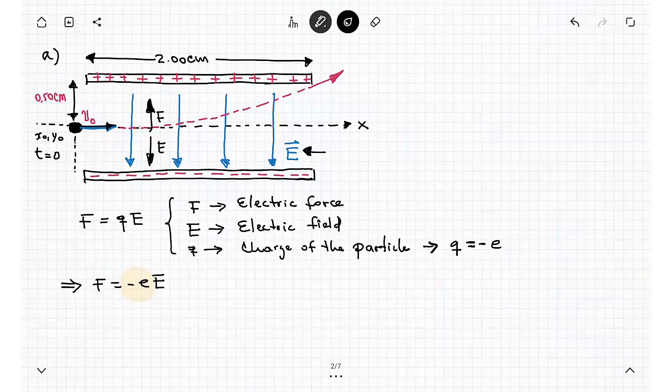So if we have an electron inside the region, we can draw the free body diagram for this particle like this.